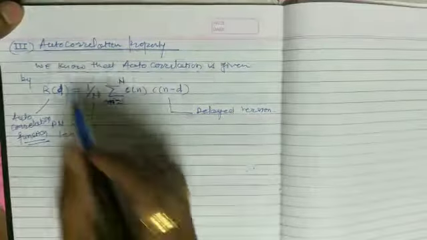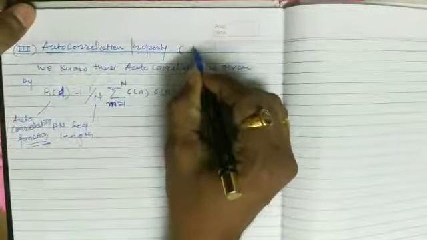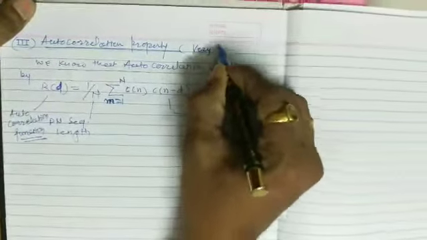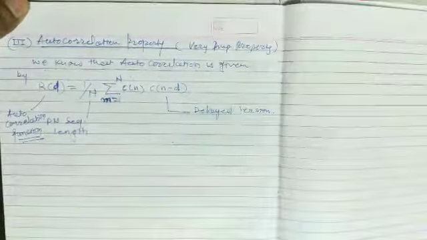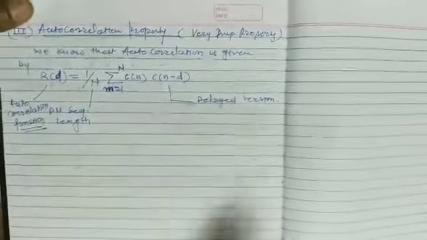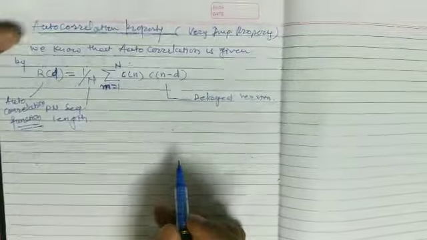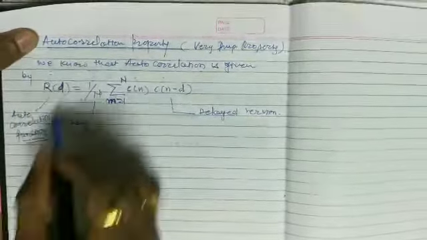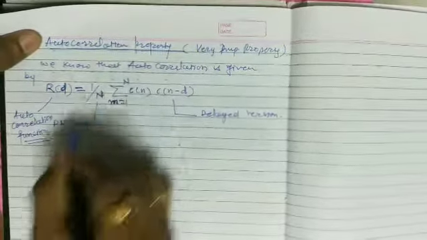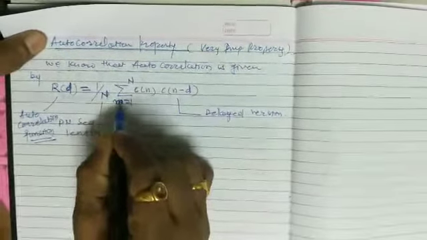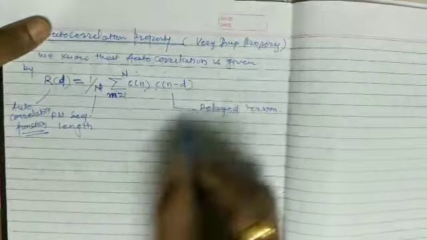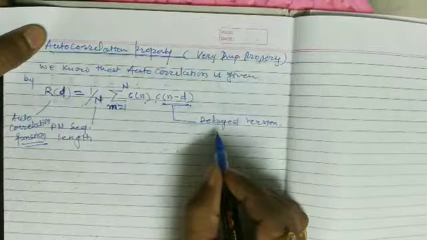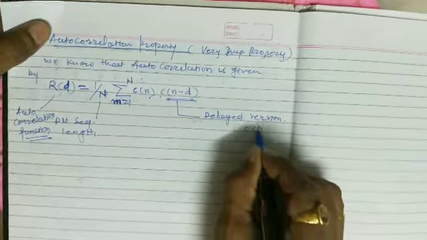Now see the third property, that is the autocorrelation property, and this is a very important property as far as the PN sequence and its use in the spread spectrum modulation technique is concerned. Now we know that the autocorrelation function is given by R of D equal to 1 by capital N, summation n equal to 1 to capital N, C of n into C of n minus D, where C of n minus D is nothing but the delayed version of C of n.